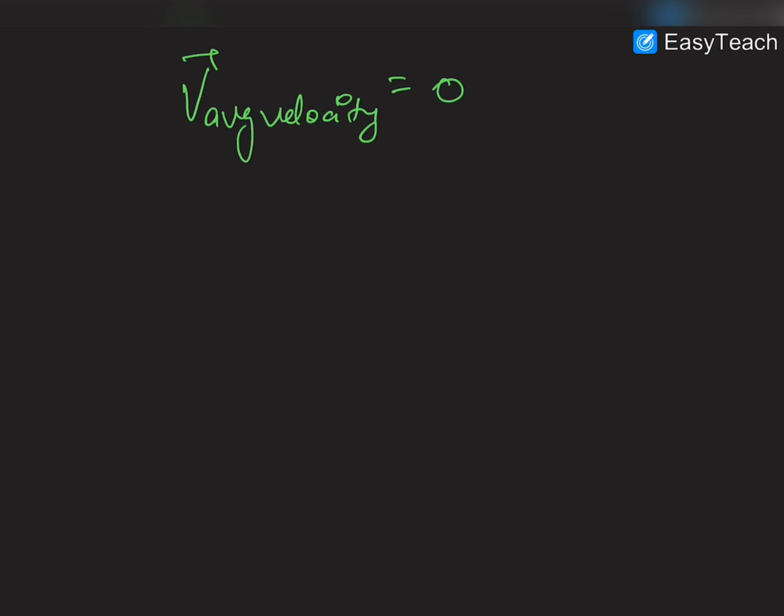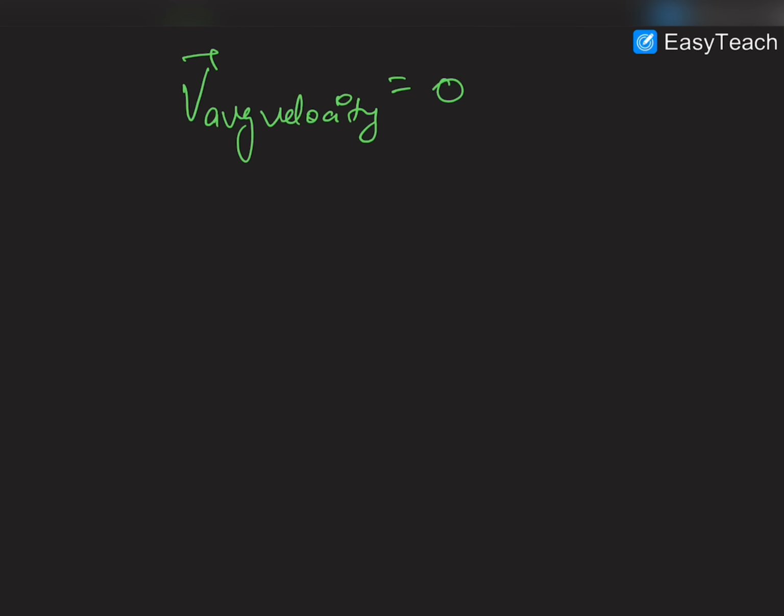Because if you say that the net average velocity of gas molecules is not 0, then you are saying that the complete gas is moving in some specific direction, which is not the case. You could not see any vessel containing a gas moving on its own.